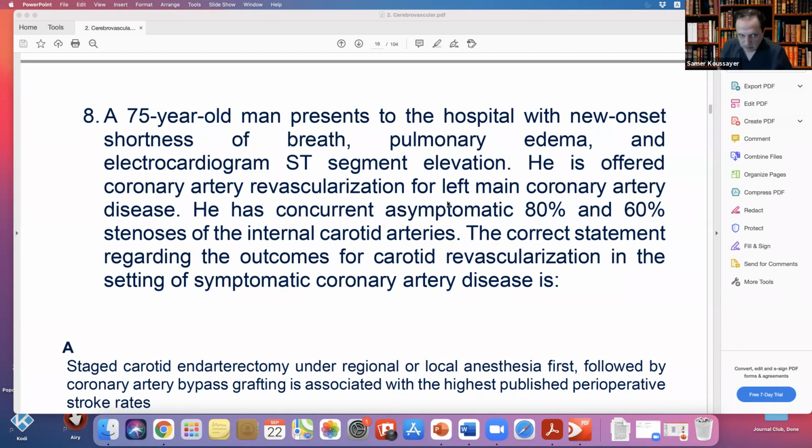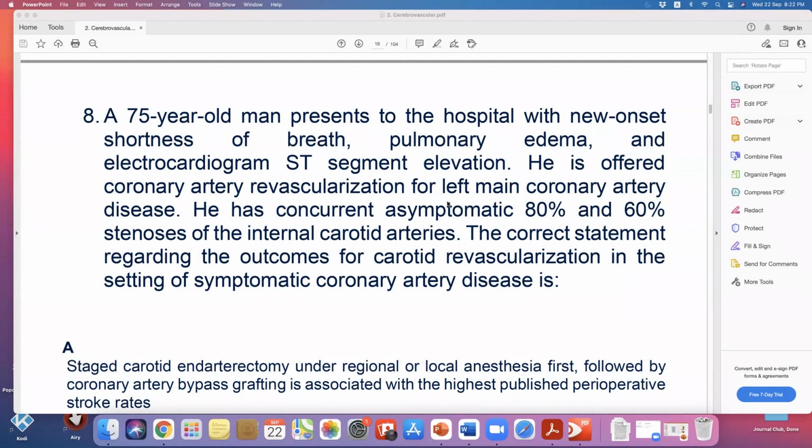That's correct. But I'm saying the way they phrase the question is wrong. When I read the answers now, I noticed that what they want to ask is whether we should do it before, during, or after the procedure. What is your preference, Ali?